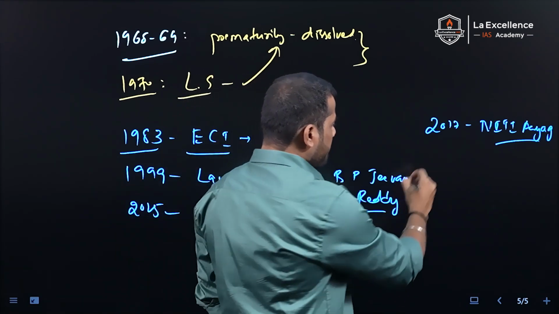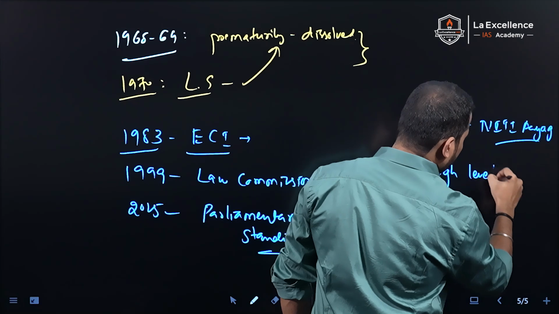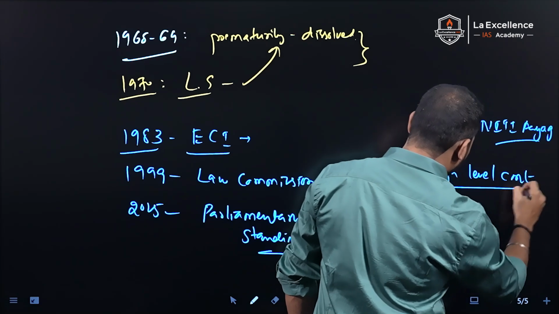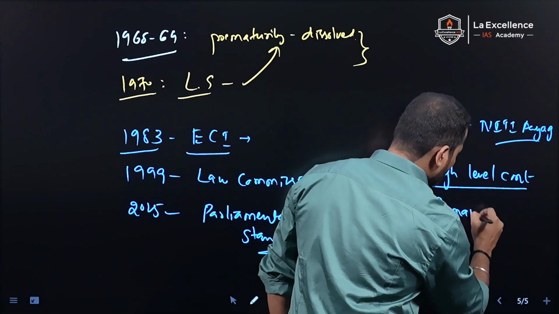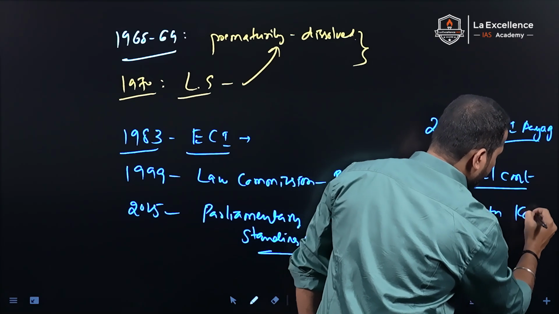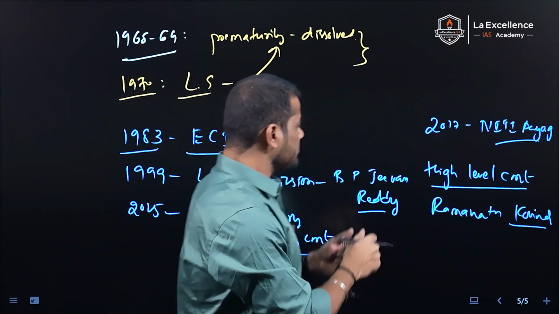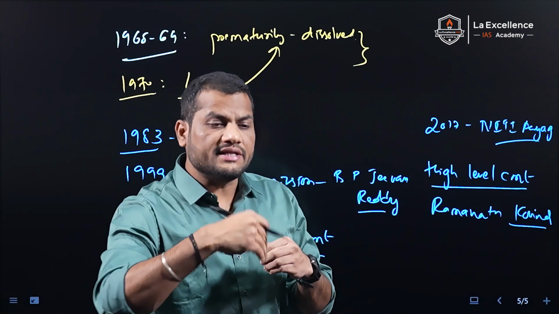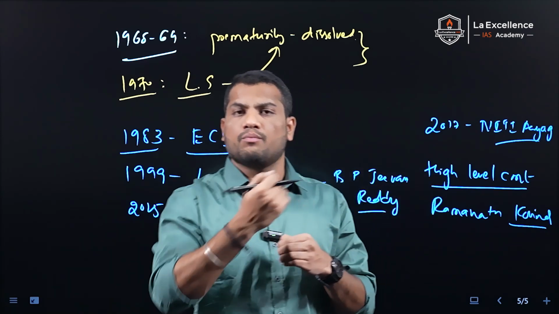Recently, the Government of India set up a high-level committee under former President Ramnath Kovind. You all know that, right? This committee also recommended simultaneous elections in India and made a series of recommendations on how simultaneous elections can be brought in India.